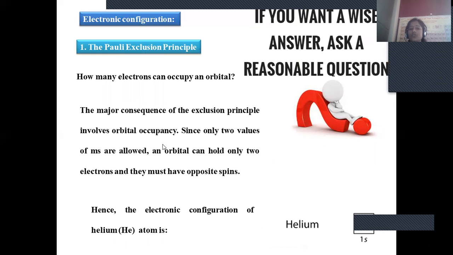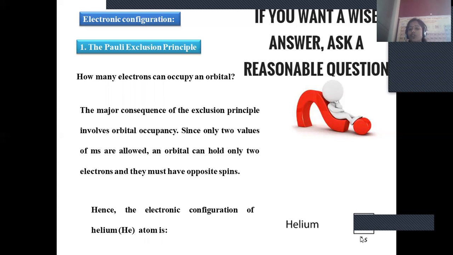The major consequence of the exclusion principle involves orbital occupancy. How can we fill the electrons? That is simply explained by Pauli's exclusion. Since only 2 values of Ms are allowed, an orbital can hold only 2 electrons. Based on this statement, what can you confirm? One orbital's maximum capacity is 2 electrons. It is not possible to accommodate more, and an orbital is not complete with only 1 electron.